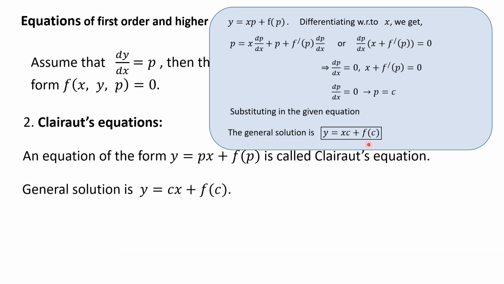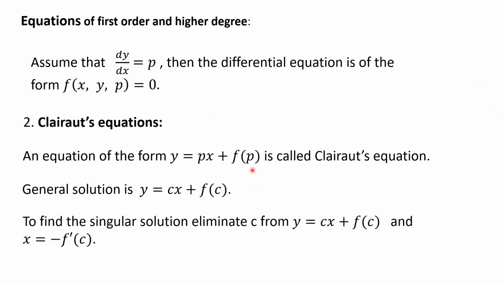So I can directly write the general solution y equal to cx plus f of c. To find the singular solution, eliminate c from y equal to cx plus f of c and x equal to minus f dash of c.